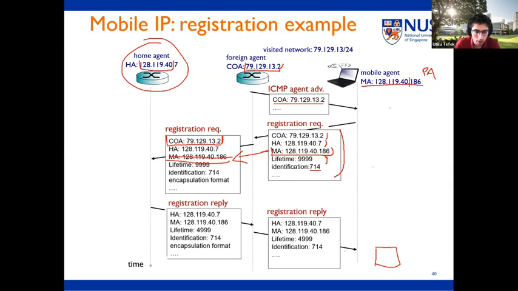So when it sends packets to this mobile, the internet routes it to the home agent, and then the home agent has to tunnel it to the mobile agent. So we still need the home agent.